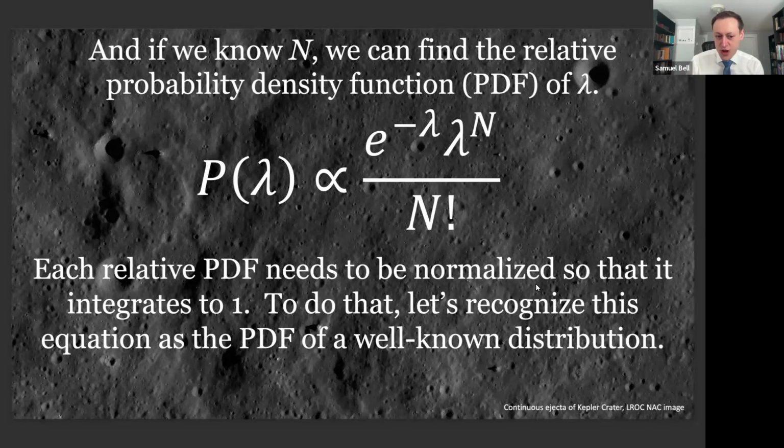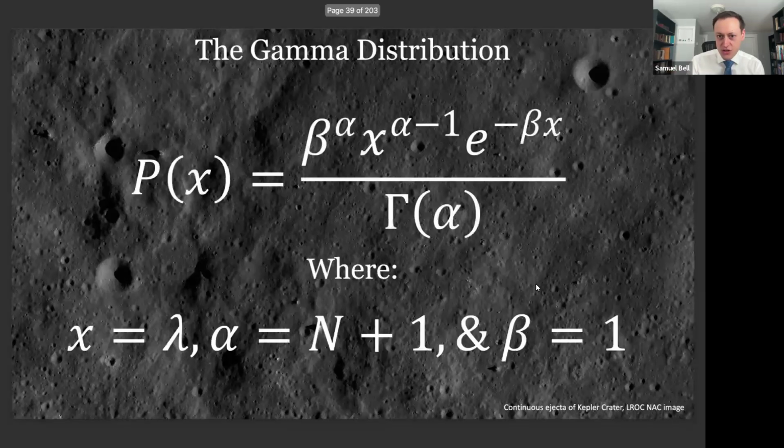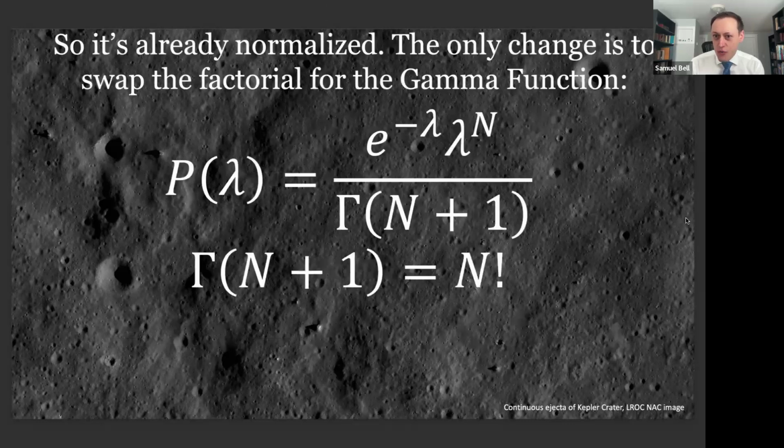To do that, let's recognize this equation as the PDF of a well-known distribution, the gamma distribution. And here, x, which is the variable, is lambda. Alpha, the gamma distribution parameter, is n plus 1. And beta is 1. So it's actually already normalized.